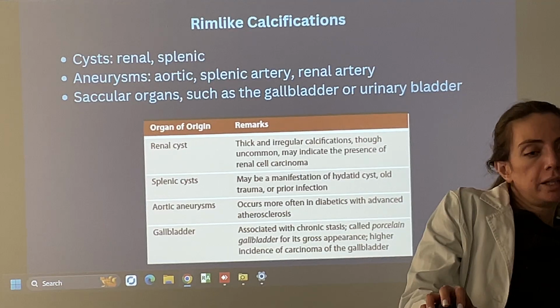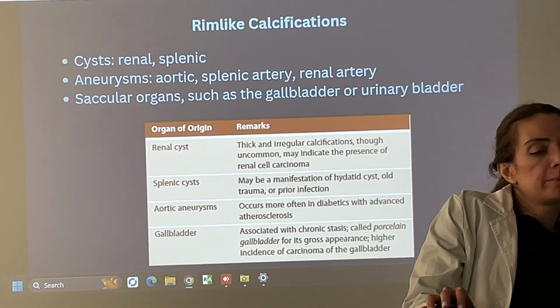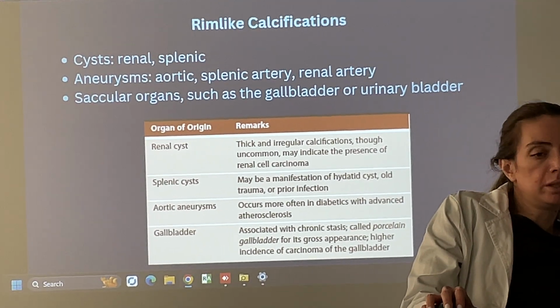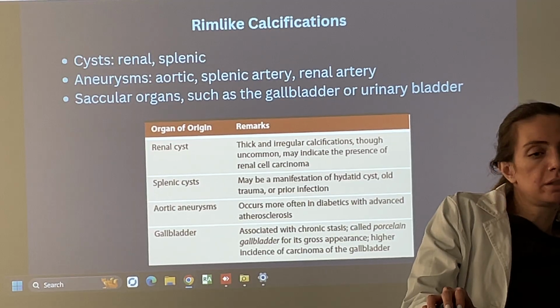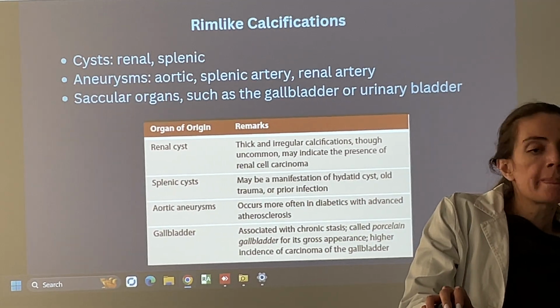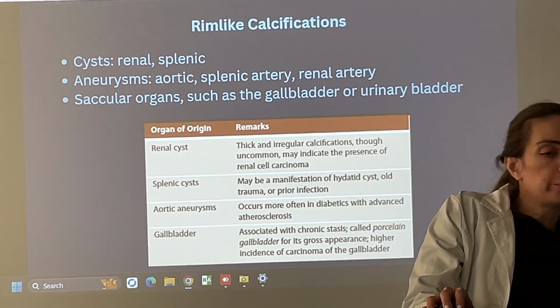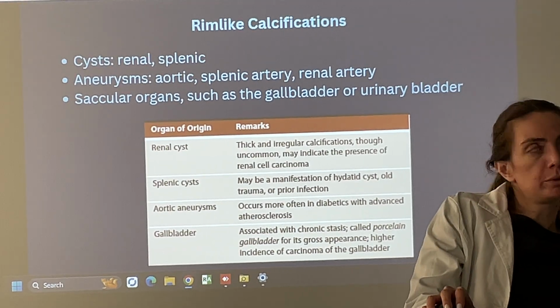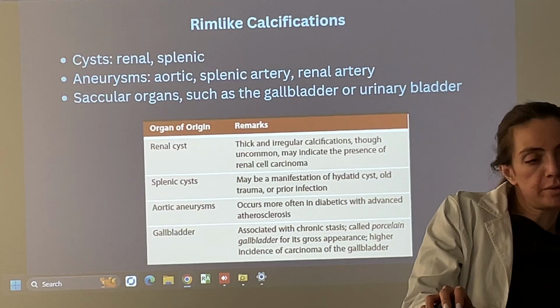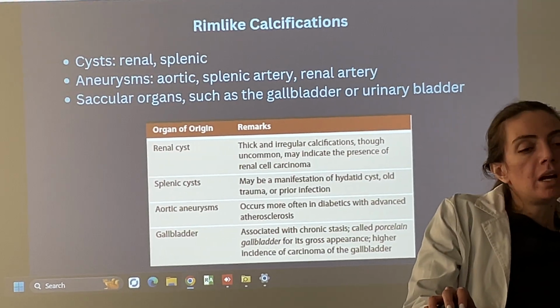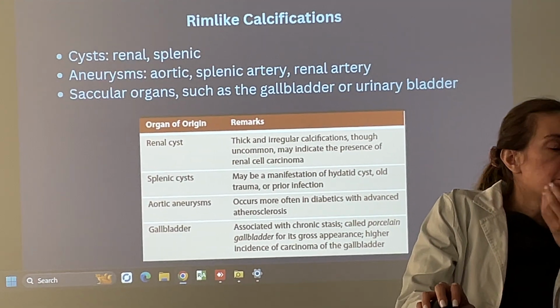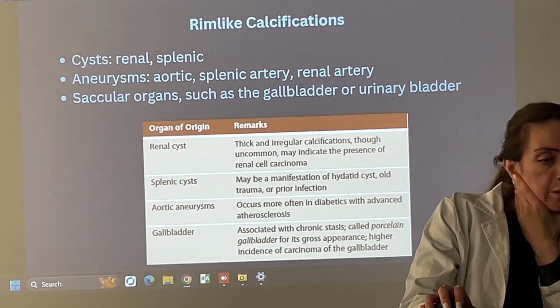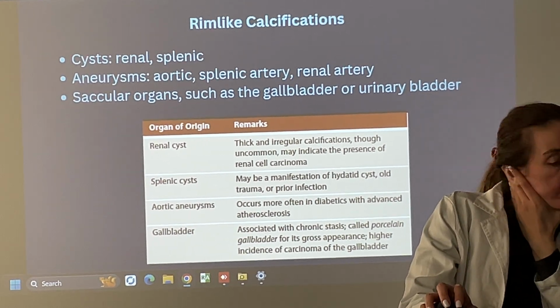Then we have aortic aneurysm, which can sometimes be recognized on lateral radiographs of the lumbar spine. The abdominal aorta should normally be less than 3 centimeters in diameter, a measurement that requires both opposing walls be visible.